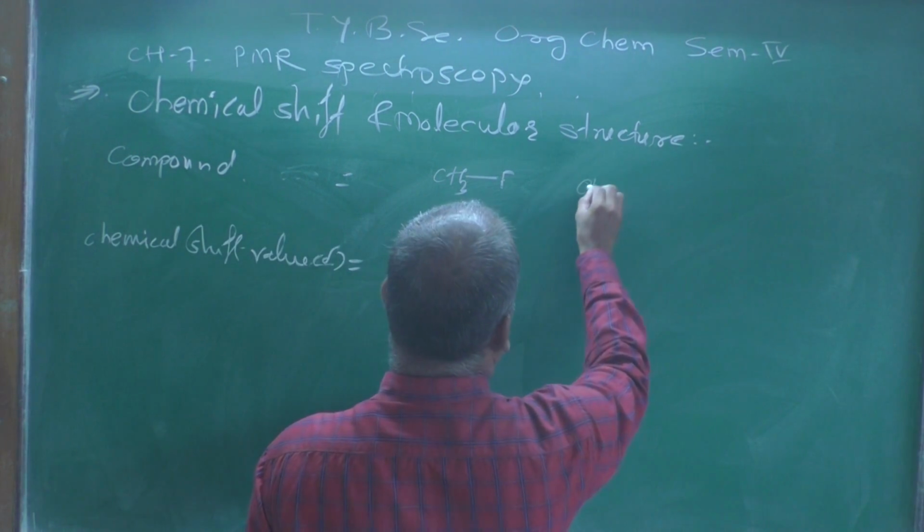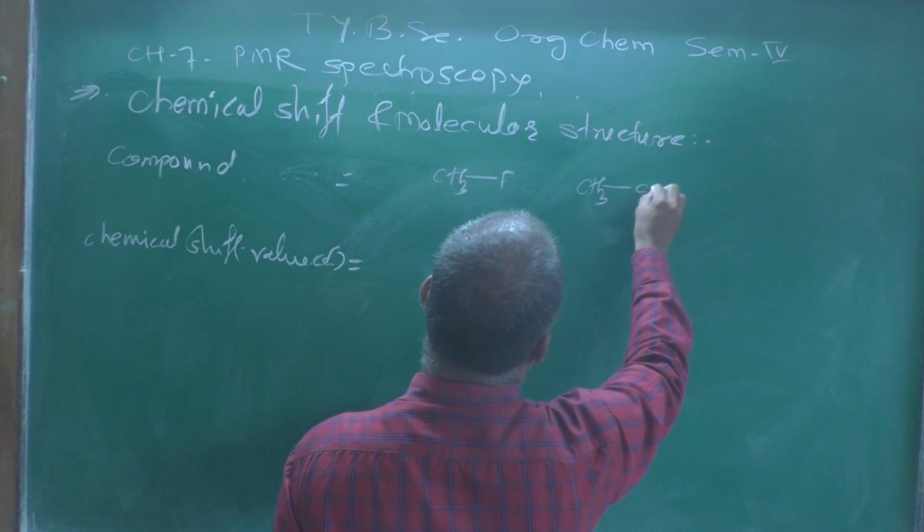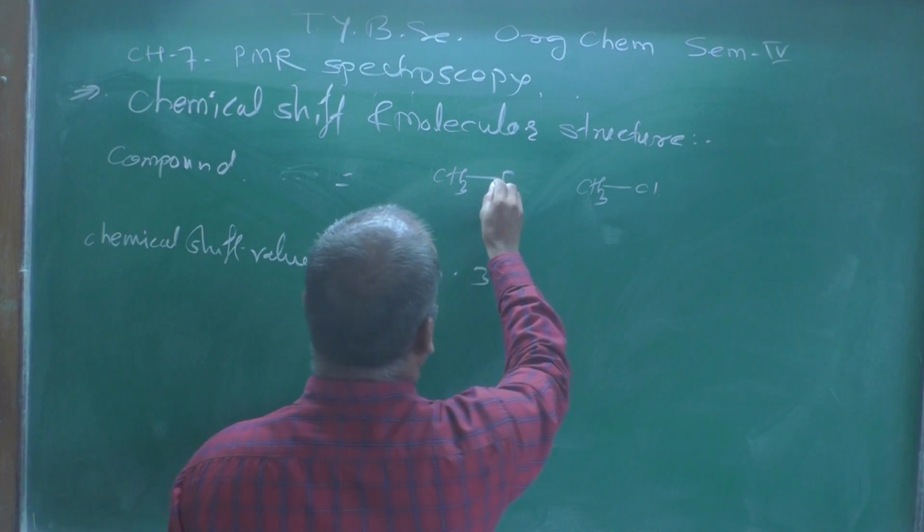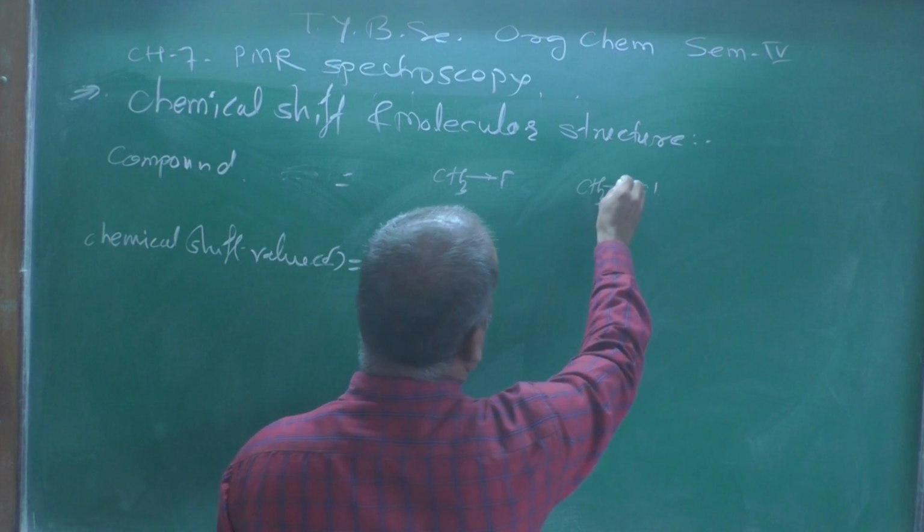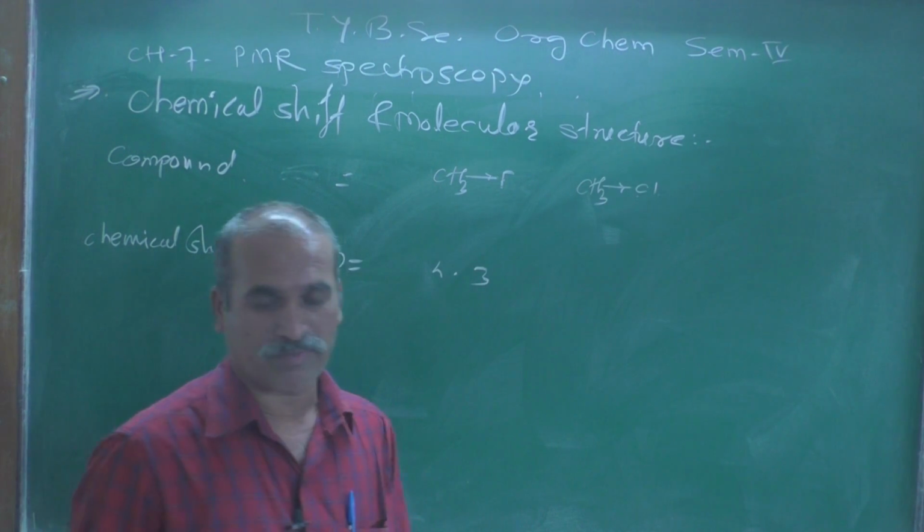Similarly, the methyl group CH3 attached to chlorine. Once again, this is an electron withdrawing group.